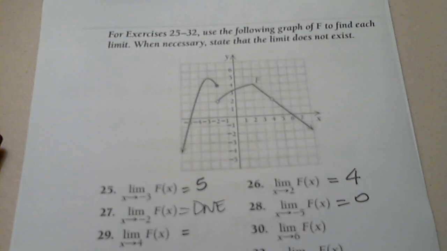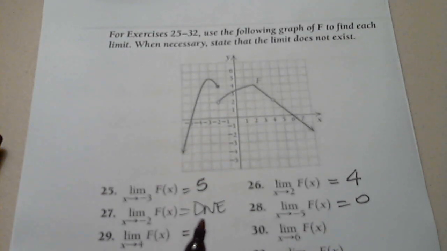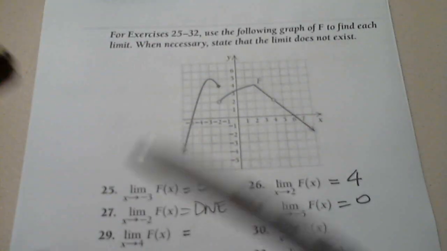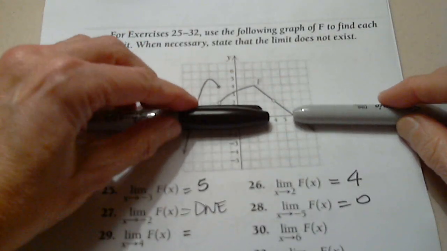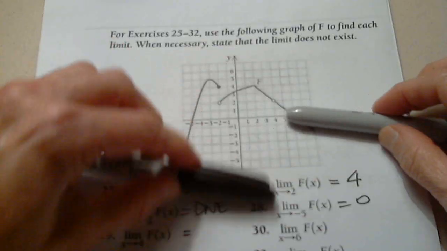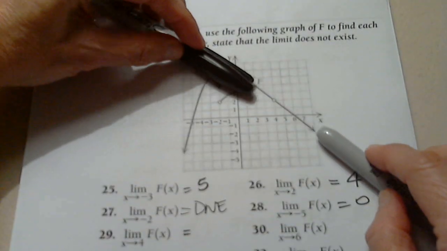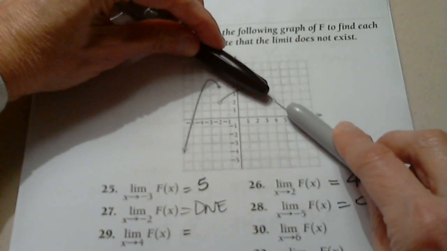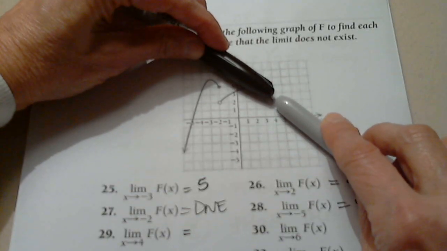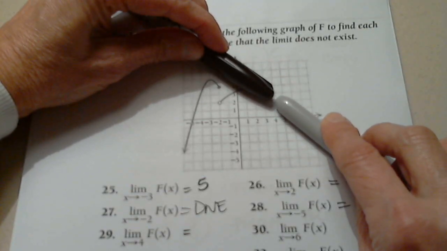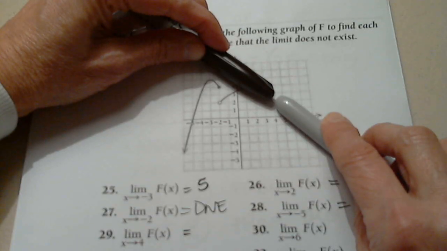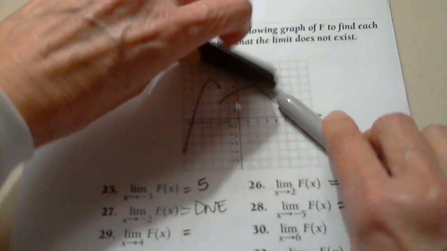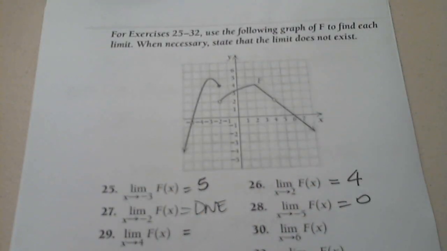Excellent. The limit of f of x as it approaches 4 from either side. Tendency of the function, not the value at that point. I don't care about the value of that point. I only care about the tendency. The limit does not deal with the function value at the point. It only deals with the tendency. The target.